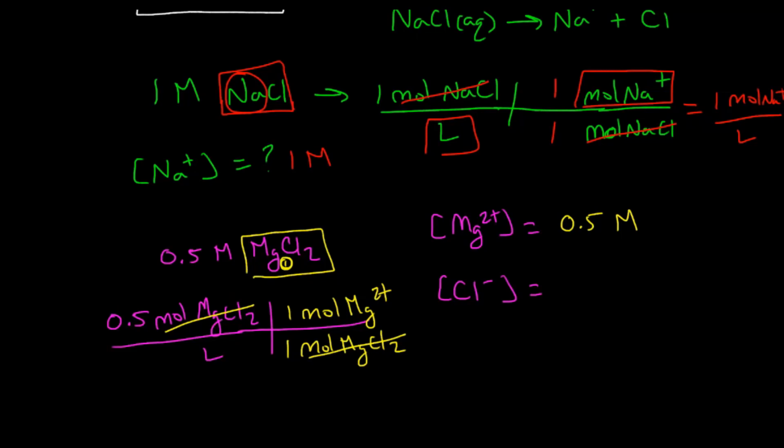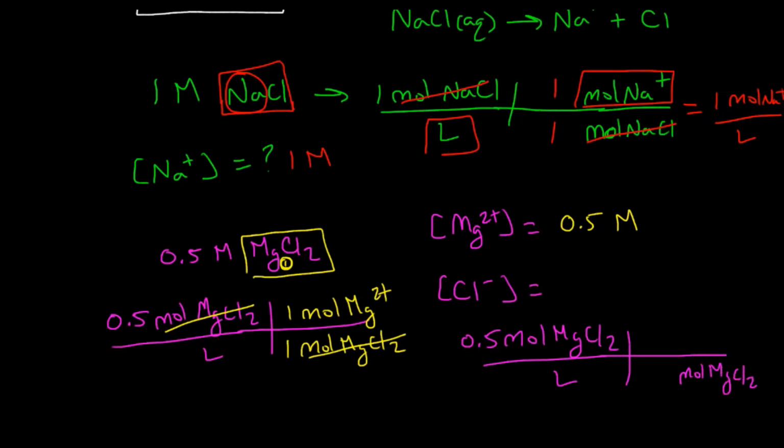We can use a very similar approach for chloride. I have 0.5 moles of magnesium chloride per liter. I want to cancel out moles of magnesium chloride and be left with moles of chloride. Now in this case, for every 1 molecule of magnesium chloride, I have 2 chloride anions.